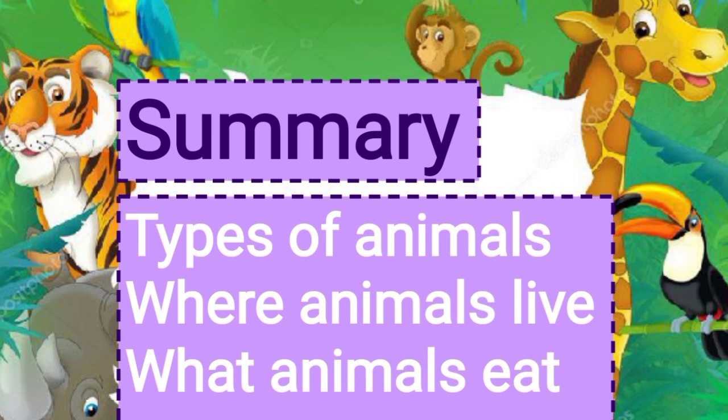Then animals can also be grouped according to the place they live in. They may be terrestrial, aquatic, amphibian, arboreal, and aerial. Then animals can be also grouped as herbivorous, carnivorous, omnivorous, scavengers, or parasites, depending on their feeding habits.